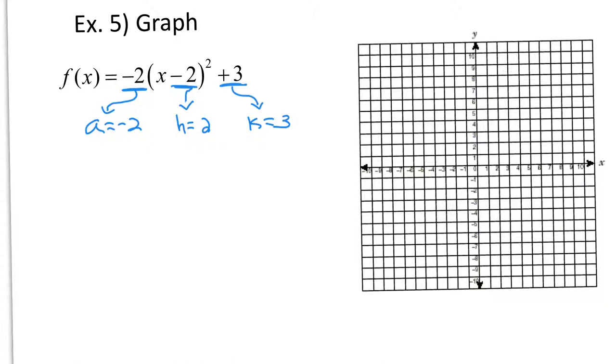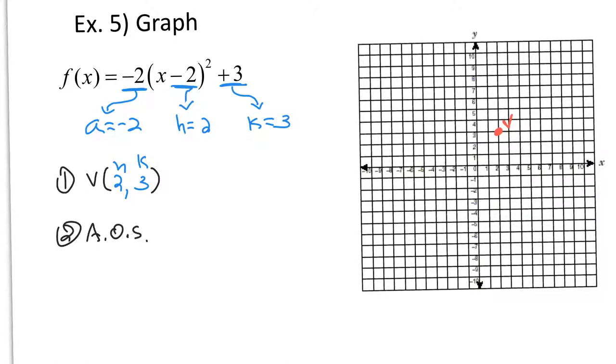So let's go through the steps. Step number 1, you're going to have your vertex. So my vertex is at h, which is 2, and k, which is +3. So from the origin, 1, 2, 1, 2, 3 is right here. So let me label that for my vertex. Step number 2, my axis of symmetry.